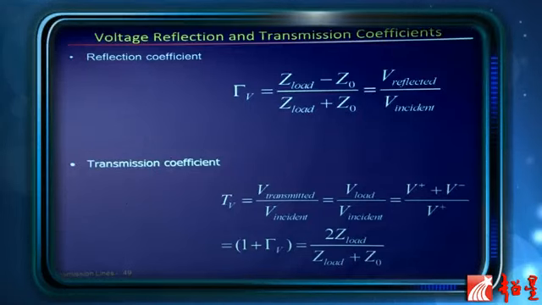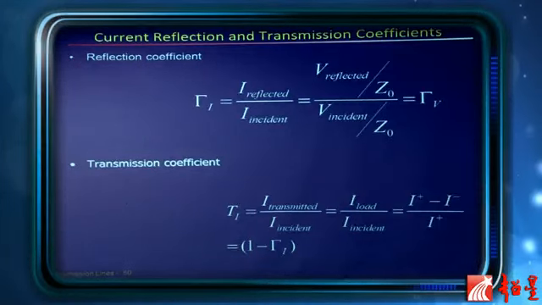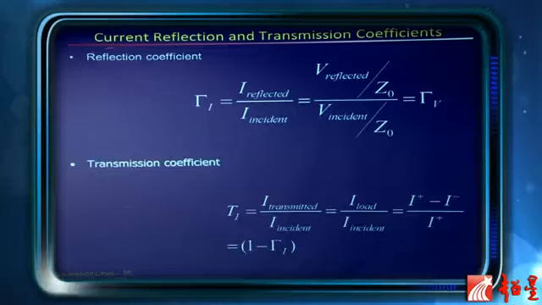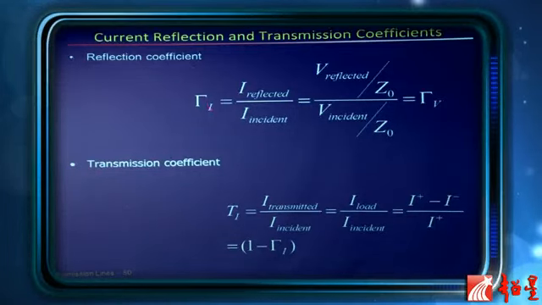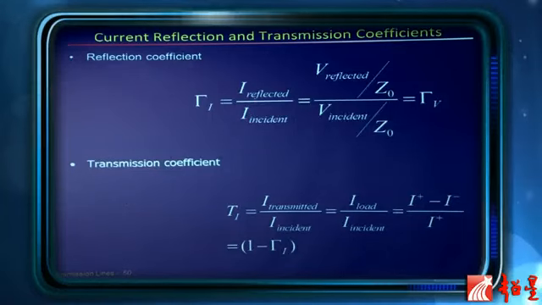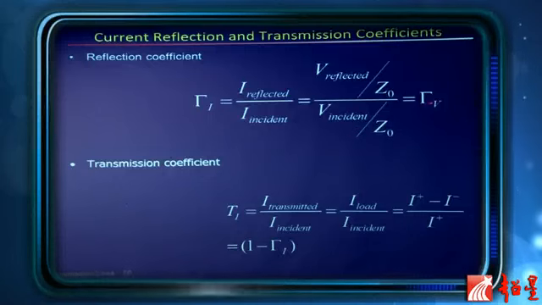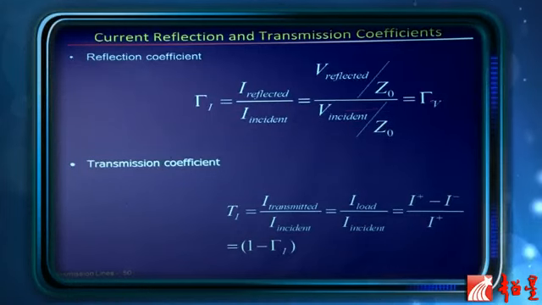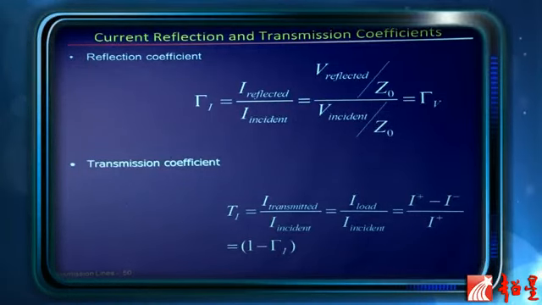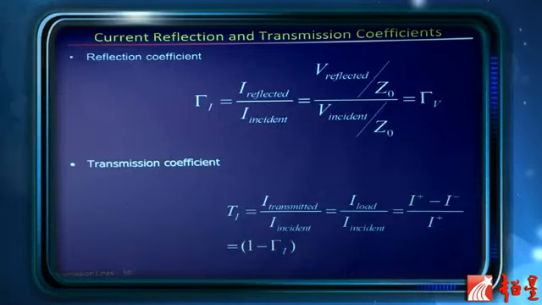Okay, but we can also define a current reflection coefficient. This is the incoming current, and that's the reflected current. It turned out by this expression, the current reflection coefficient is the same as the voltage reflection coefficient, but the transmission coefficient is a little bit different.